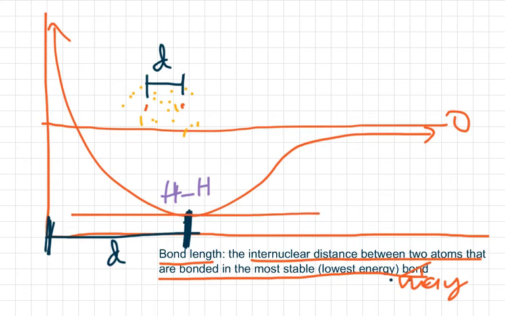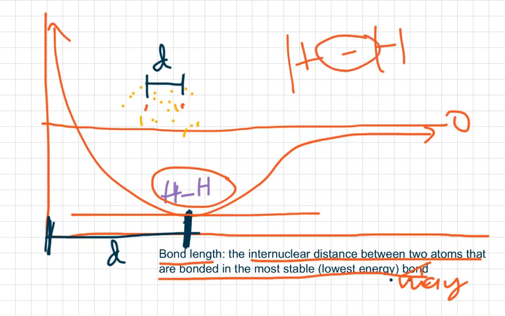And at the lowest energy, that's where the HH bond is most stable. So, in nature, when we see some hydrogen gas, this bond here represents the most stable form of the bond, and the most stable form of the bond is when the bond has the lowest amount of energy, which is right here.